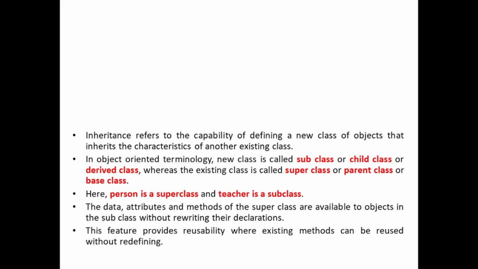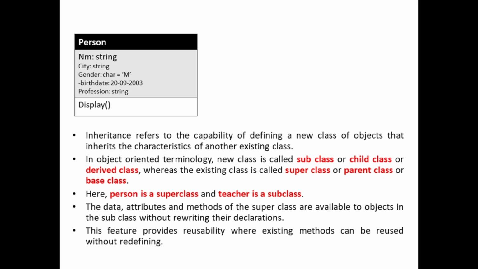Remember, inheritance refers to the capability of defining a new class of objects that inherits the characteristics of another class. In object-oriented terminology, the new class is called subclass or child class or derived class, whereas the existing class is called superclass or parent class or base class.